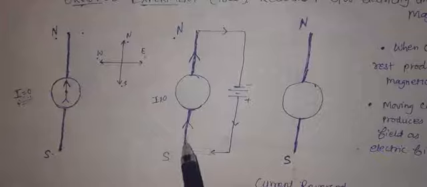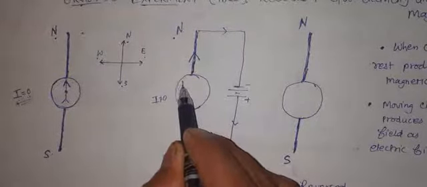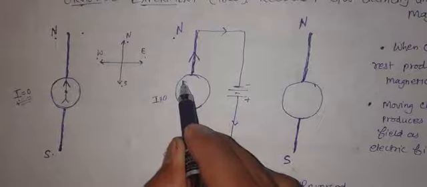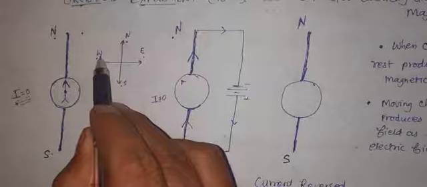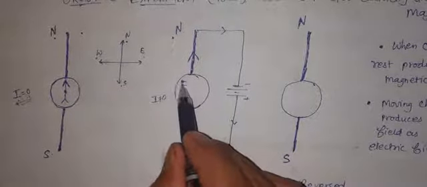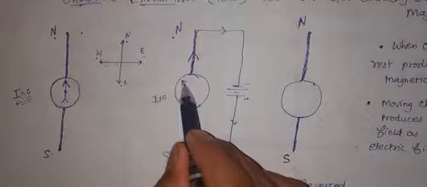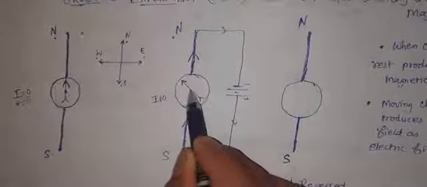When this current flows through the conductor, the north pole of the magnetic needle gets deflected toward the west side. You will find that the left side is the west side. So the north of this magnetic needle gets deflected toward the west of earth.